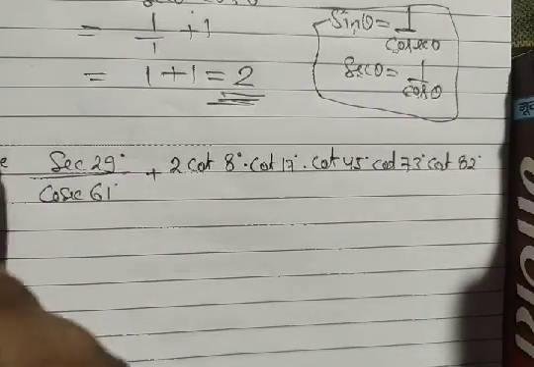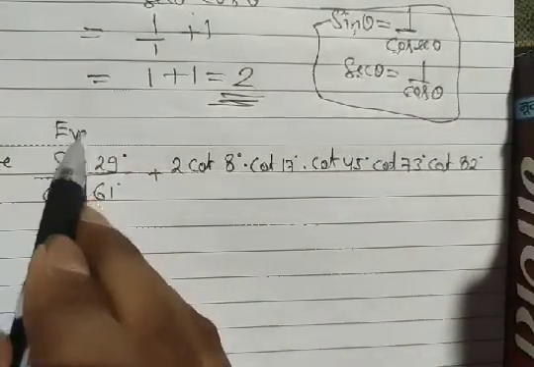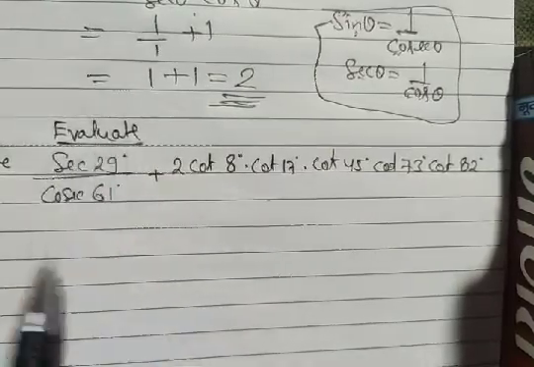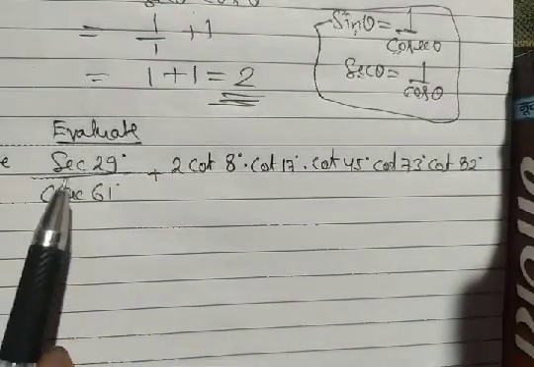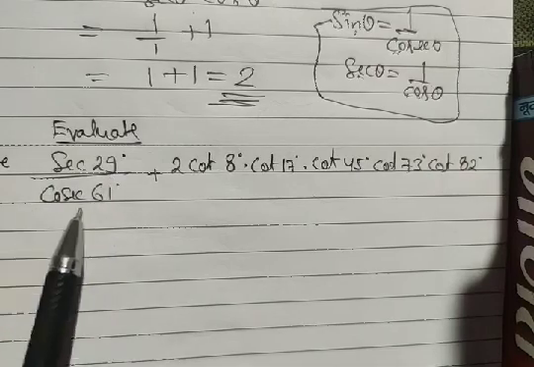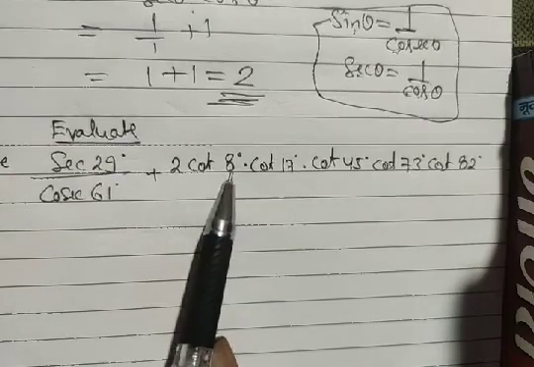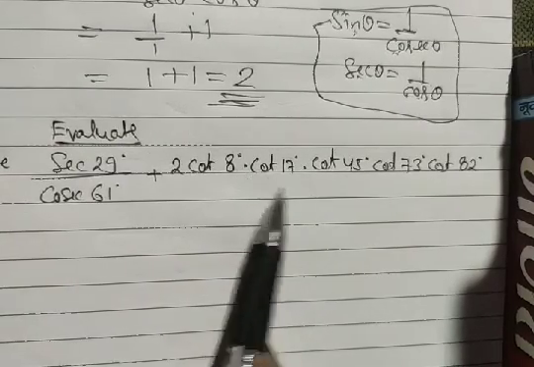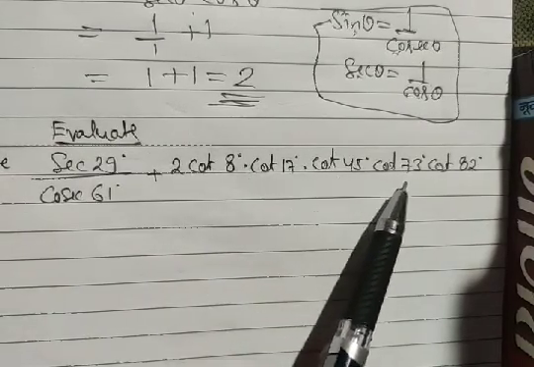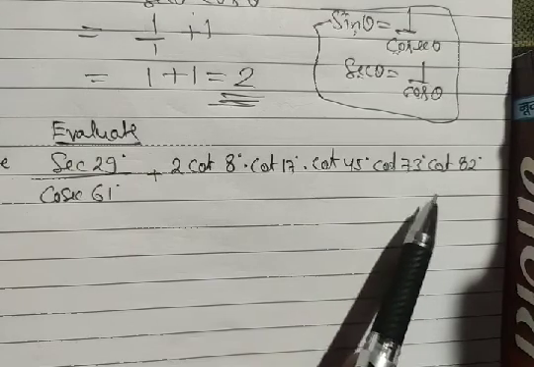We have to evaluate this given expression. What is the expression? sec 29 upon cosec 61 plus 2 cot 8 into cot 17 into cot 45 into cot 73 into cot 82.